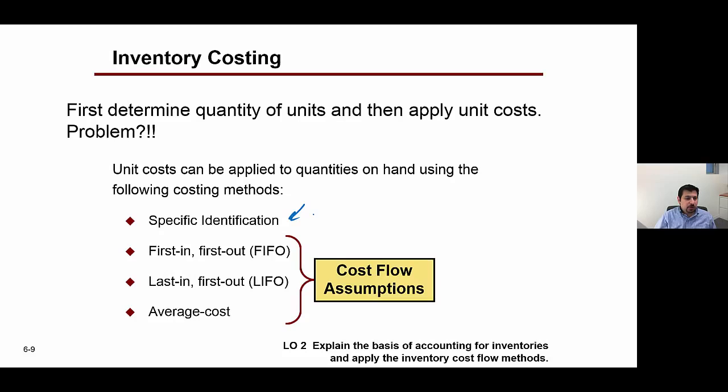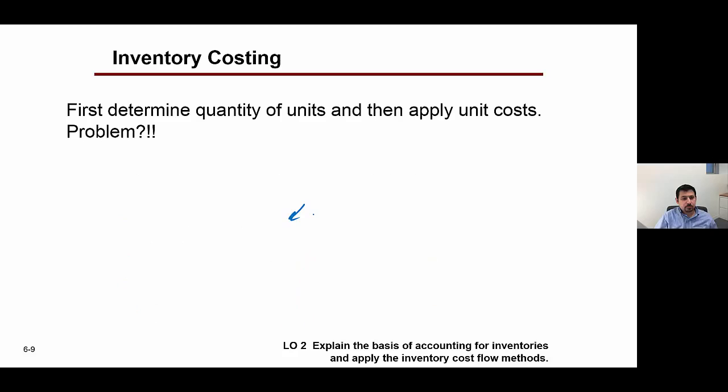So here they are assuming that the physical flow of goods is FIFO, which is first in, first out. That means the first products that the company purchased will be sold first. Basically, you get rid of your earliest purchases first. Or last in, first out, which is basically the latest purchases will be sold first. Or the average cost. And we'll talk about each one of them separately.